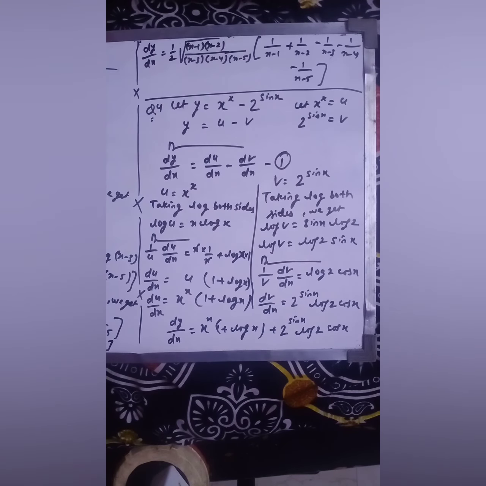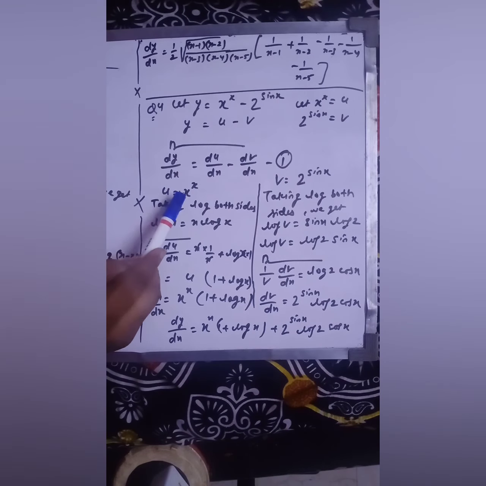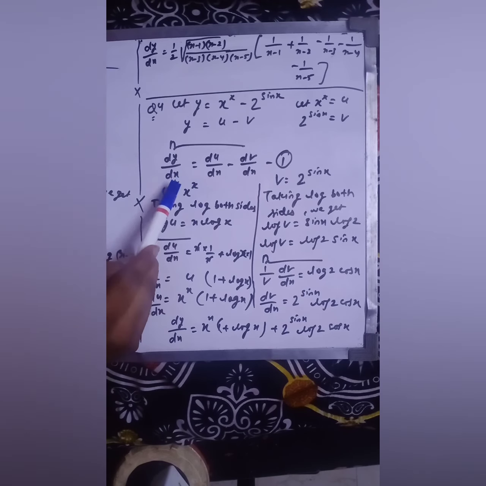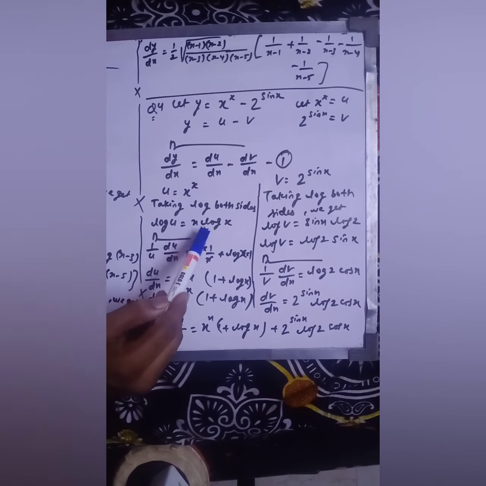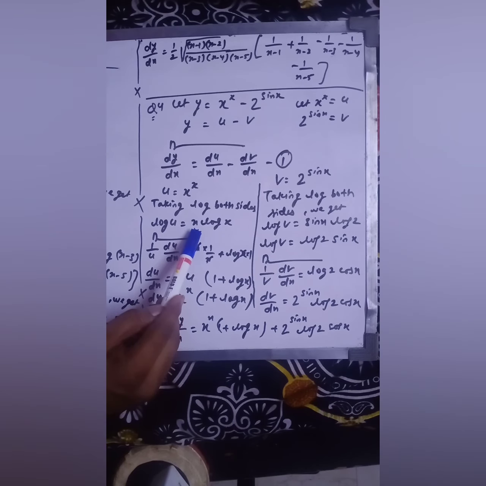Now see, I'm solving this u here. u is equal to x raised to power x. So I'm taking log both sides. This would be log u, that is equal to x log x. Now differentiating again, 1 by u du by dx is equal to, here you have to apply the product rule.